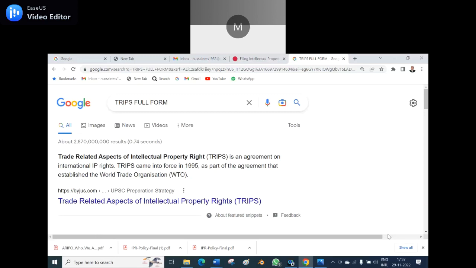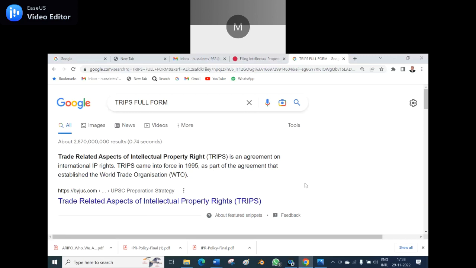So instead of writing the rights, they use the S over there. Number two, sometimes they use a different letter, or a letter that is not there, and pronounce it as one word, TRIPS. See, trade related aspect. Where is A here? Is there an A here? No. So they eliminated A.